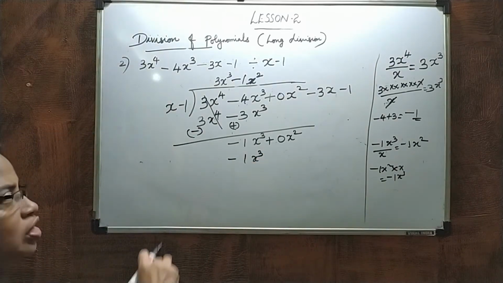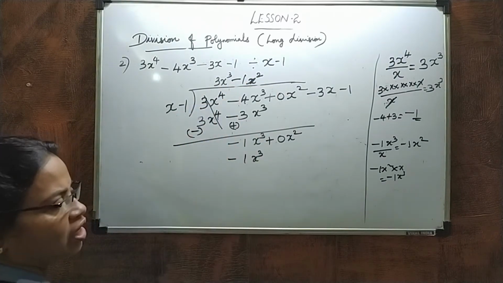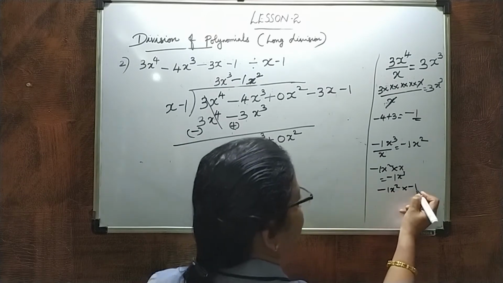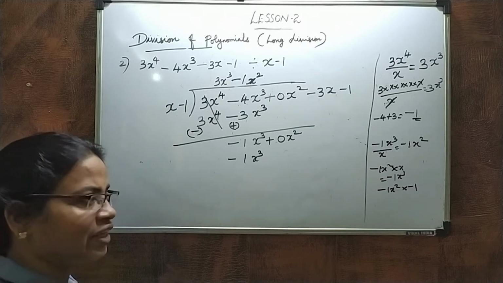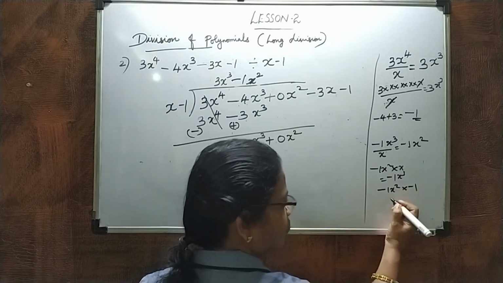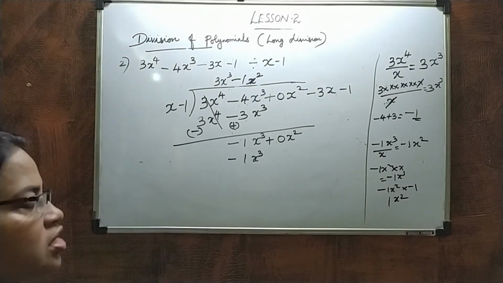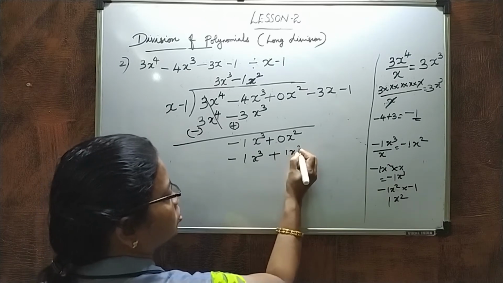Again, one more term is there, negative 1x square into negative 1. Negative 1 into negative 1, positive 1, x square. Here it is plus 1x square.